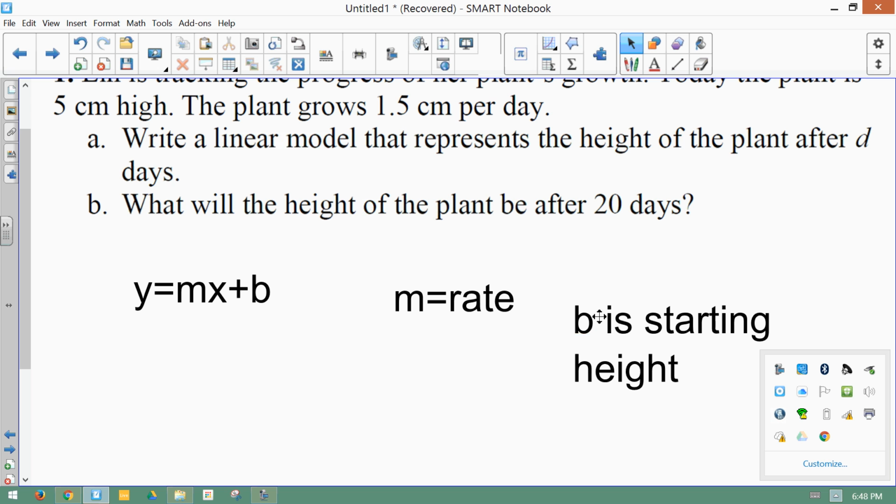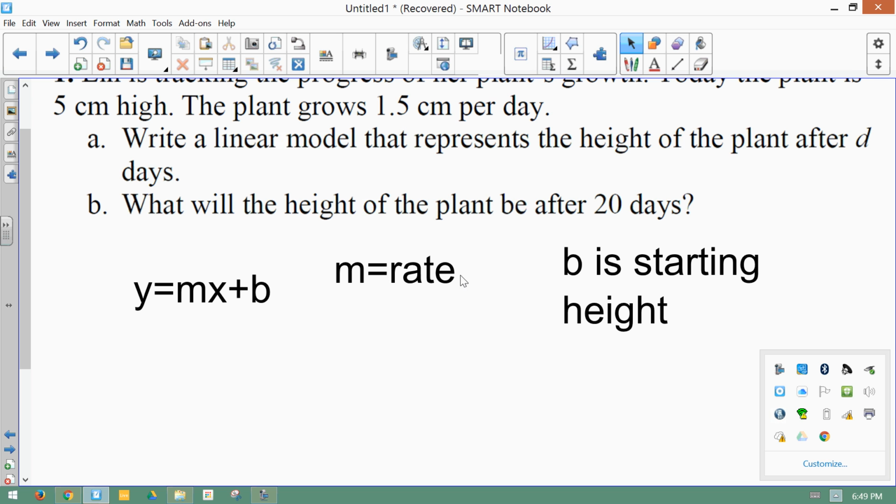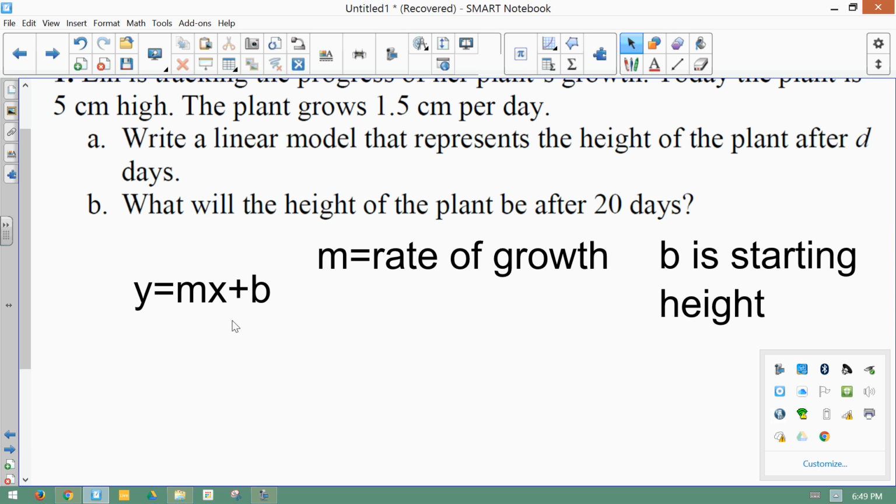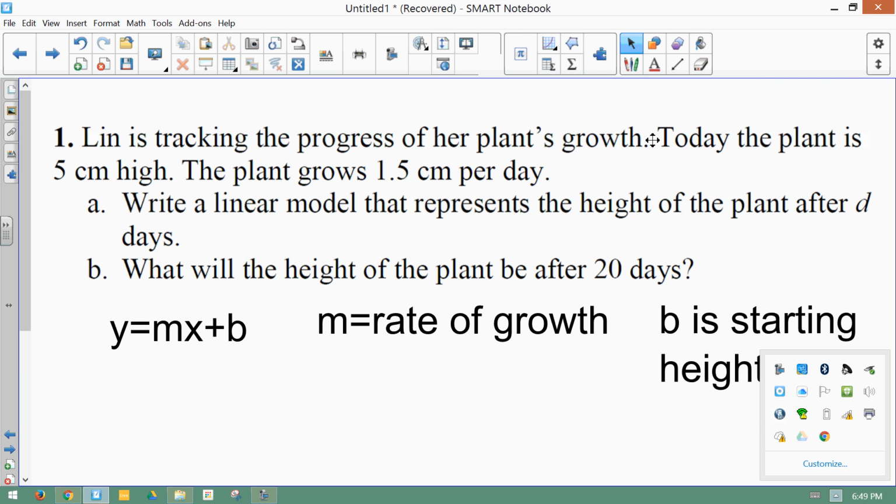All right. So M is the rate of growth, and B is the starting height. That's what it is. So let's put it together.